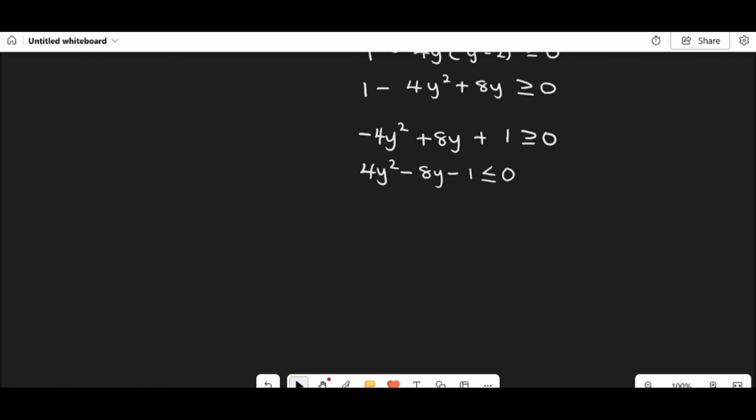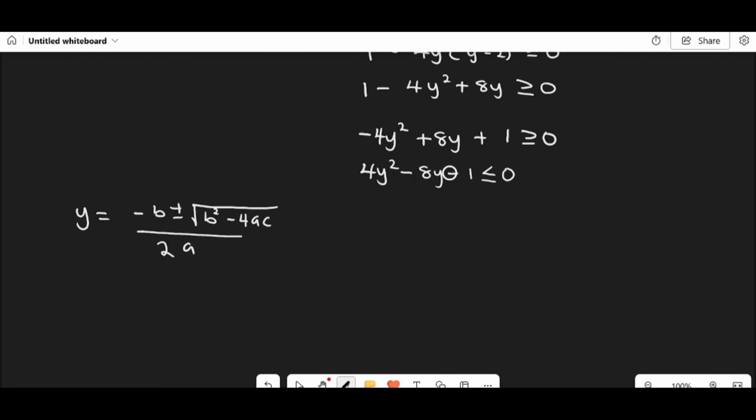And don't forget our quadratic formula: y equals minus b plus or minus root b squared minus 4ac, all over 2a.